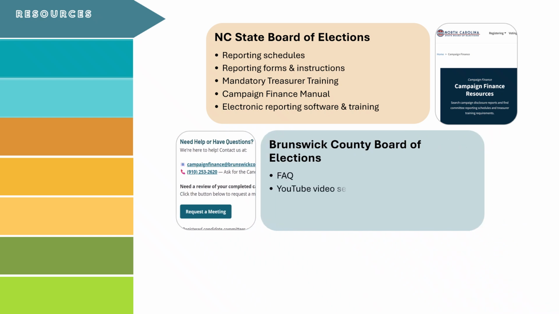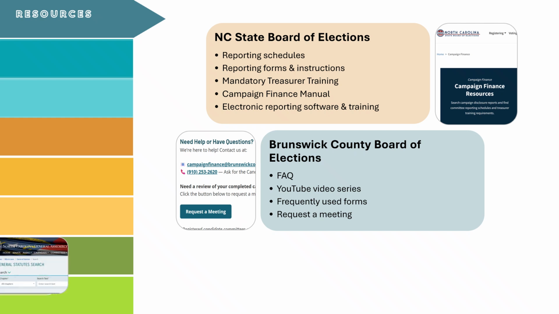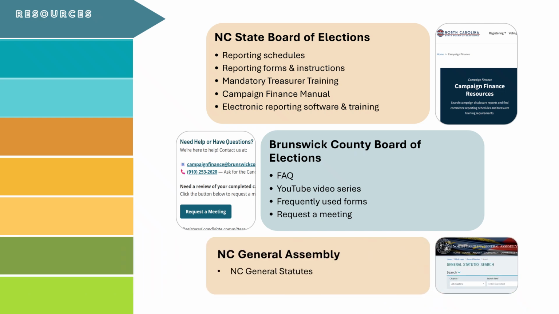Our Brunswick County Board of Elections website offers a web page with FAQs, how-to videos, frequently used reporting forms, and the option to request one-on-one appointments for support during the reporting process. Additionally, you can search the North Carolina General Assembly site for relevant general statutes.